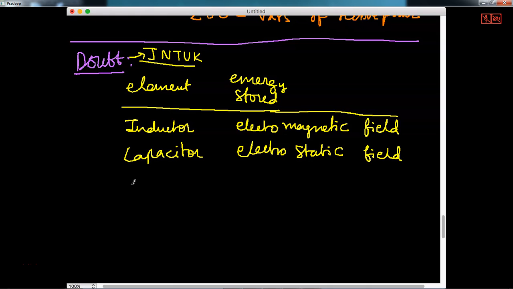Now the question is the resistor. In what form is the resistor storing the energy? The answer is the resistor does not store energy.